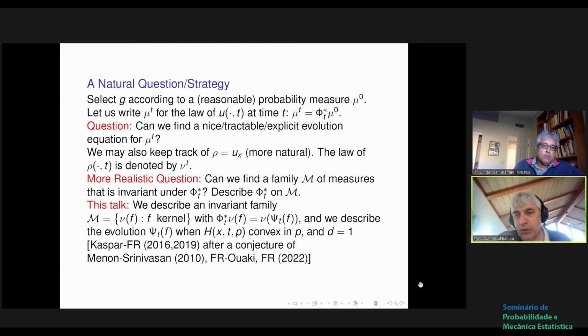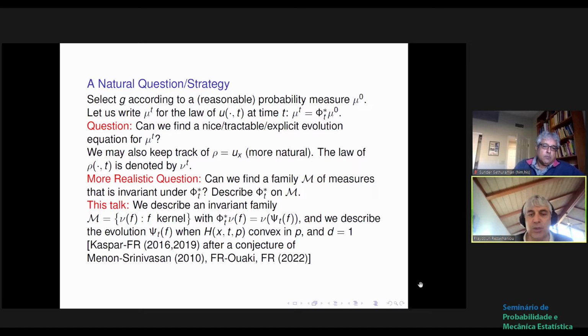So you would like to have a description for the evolution of this kernel. I'm writing psi t f for the evolution of the kernel under the dynamics of the Hamilton-Jacobi equation or the conservation law.